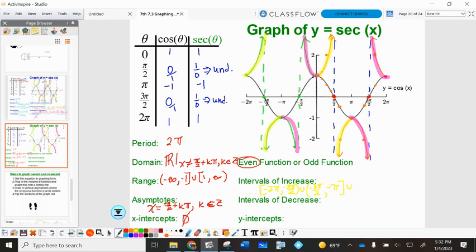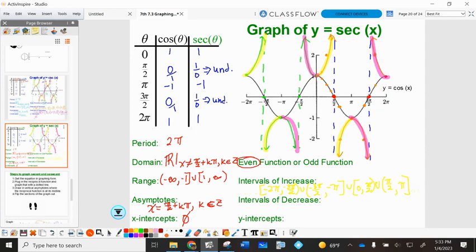Union with 0 inclusive to pi over 2 non-inclusive, because that's where the asymptote is, so we never actually reach that value. Union with, coming from the other side of that asymptote, pi over 2 to pi inclusive, and a dot, dot, dot to show that that pattern continues.